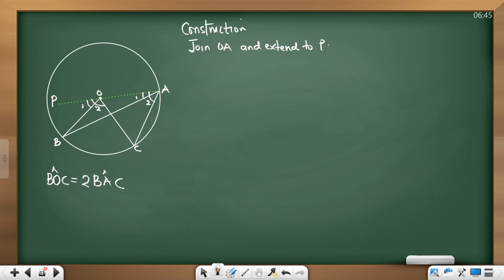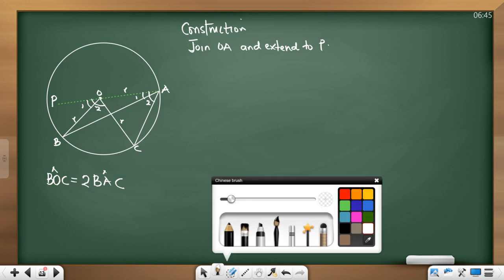Now, let's mark all the radii that we have, because we need to understand what is going on. For easy explanation, I'm going to mark that. Now, do you see, immediately I did that, you should be able to see it clearly.